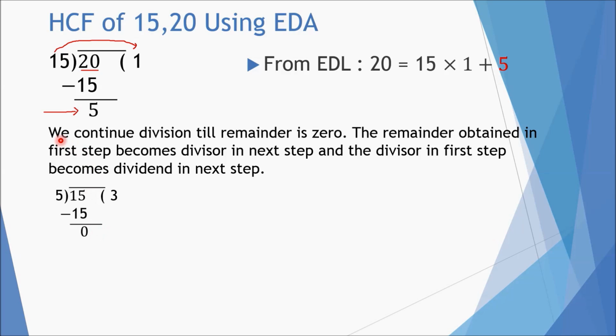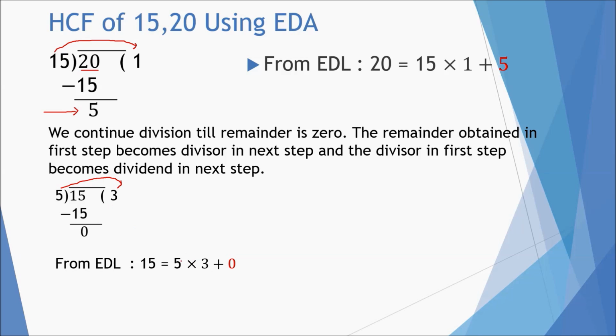As we have said, we continue division till the remainder is 0. Now as the remainder is 0, we will stop dividing. From EDL, 15 is equal to 5 multiplied by 3 plus 0.